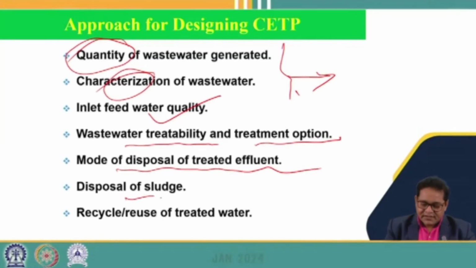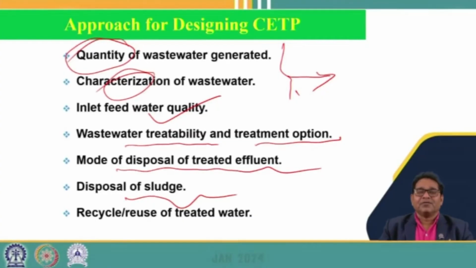And then, as I said, there will be a lot of semi-solid sludge generated from the sedimentation tank, primary clarifier, secondary clarifier, and biological treatment process. All this sludge has to be collected, and then treated before its disposal. There are again a number of treatment systems available for the treatment of the sludge: aerobic digestion, anaerobic digestion, and chemical treatment processes also.